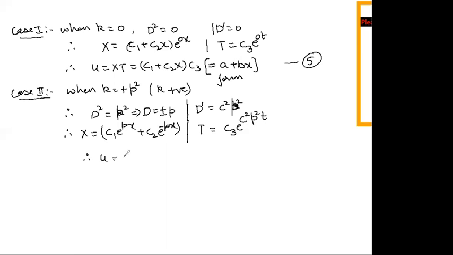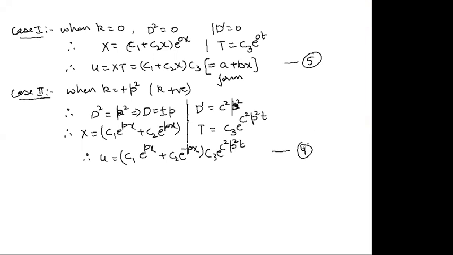Therefore, u is c1 e to the power px plus c2 e to the power minus px, c3 e to the power c square p square t. This is marked as 5, 6.